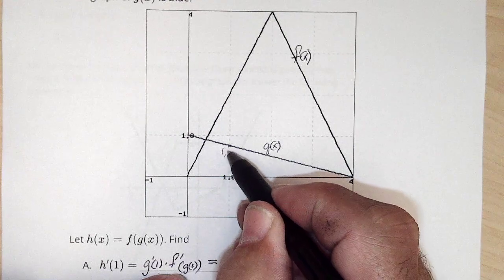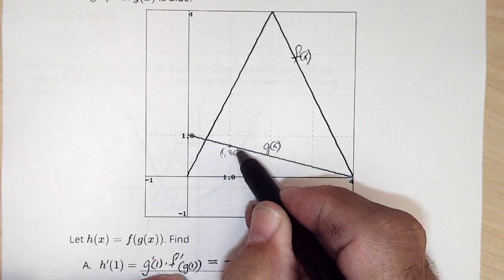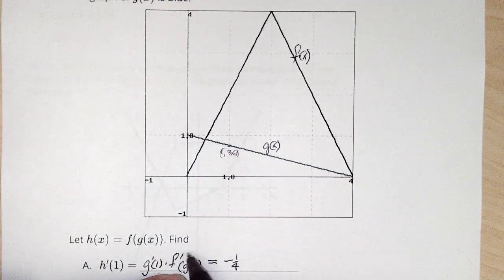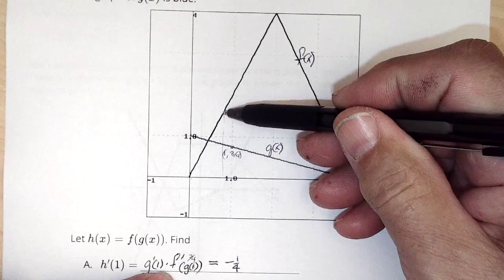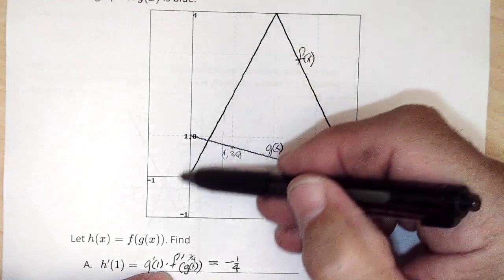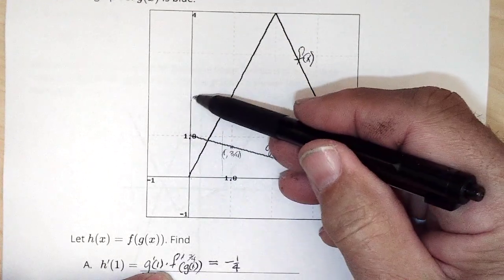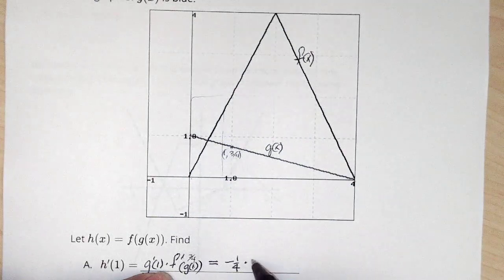So g of 1 is 3/4. We've got to find the slope of f at 3/4. Well, at 3/4, the slope of this thing looks like it's going up 2 for 1, which is negative 1/2.